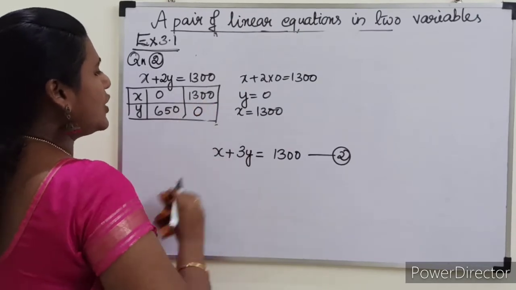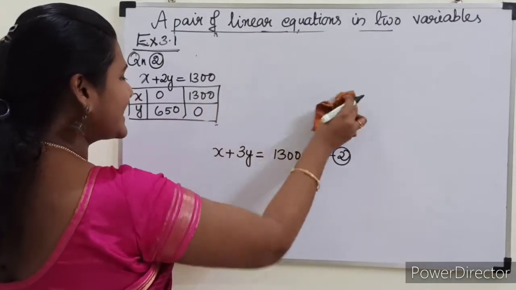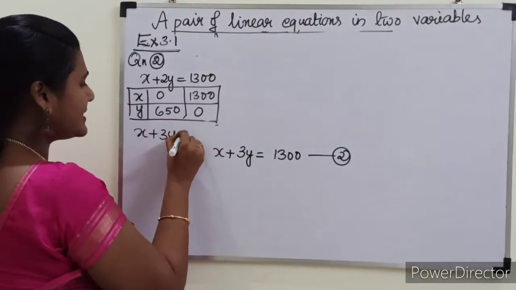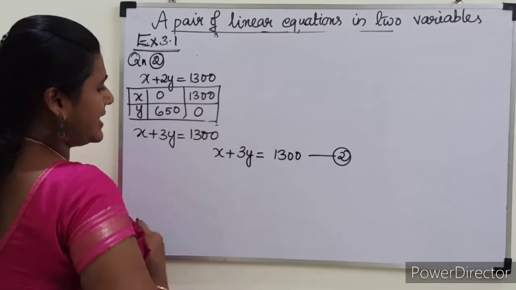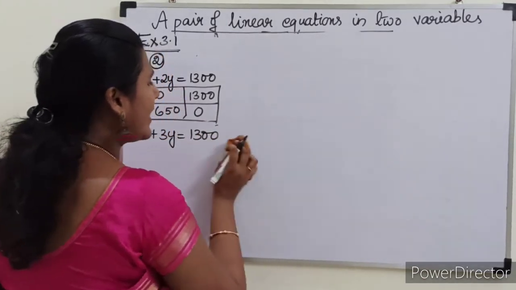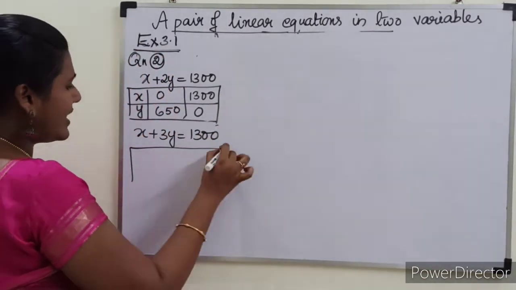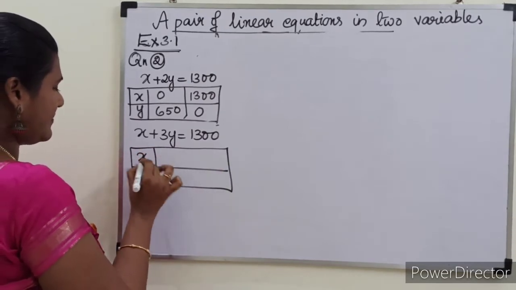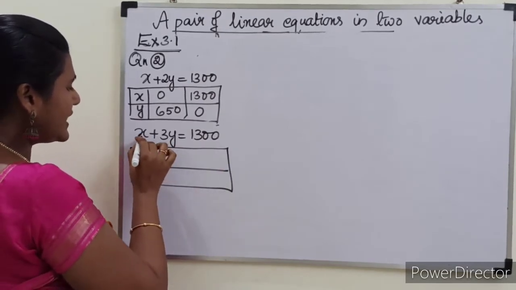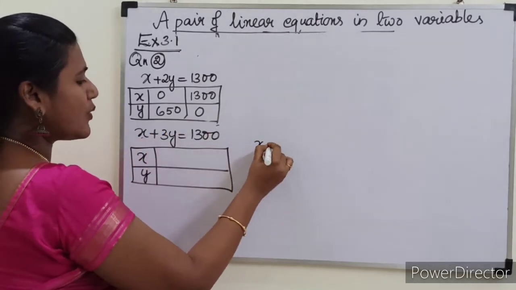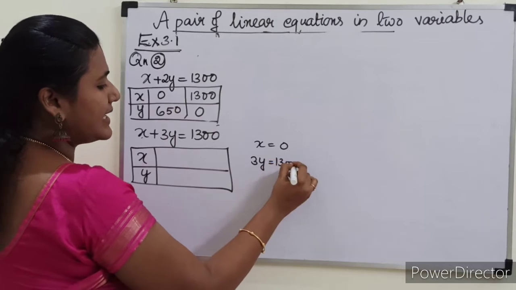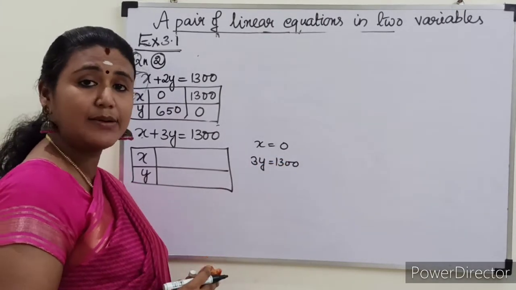Now we will find out the solutions of the second equation. This is our second equation: x plus 3y is equal to 1,300. So we are going to find the solutions now. If you take x is equal to 0, 3y is equal to 1,300, then you will get y as a decimal value.